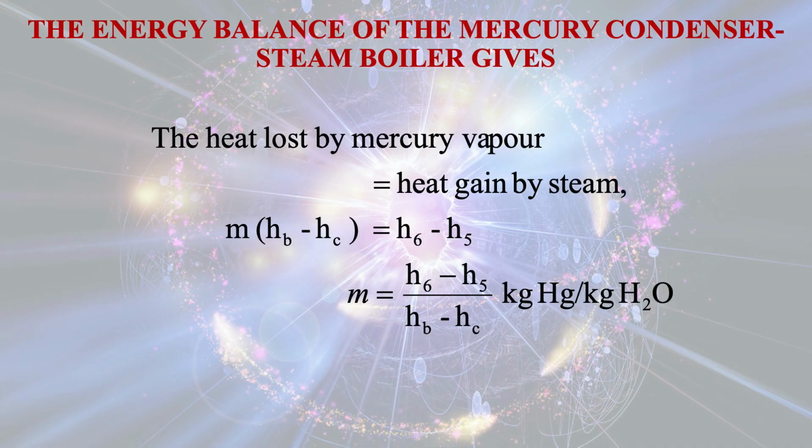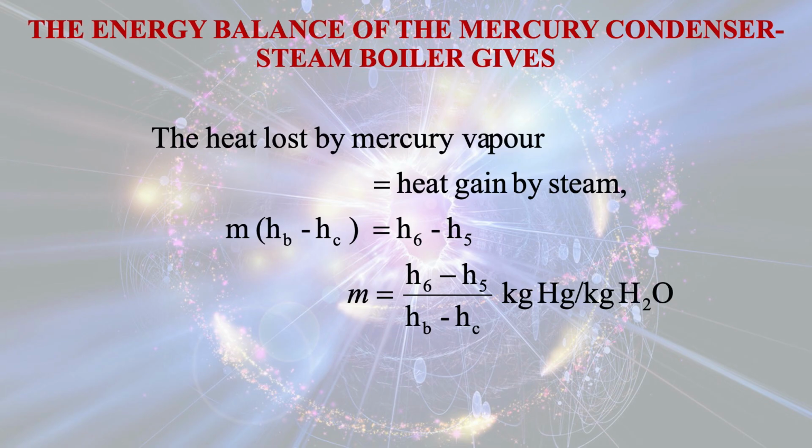Now the energy balance of the mercury condenser steam boiler gives that the heat lost by mercury vapor is equal to the heat gained by steam, and this heat transfer is going on in the heat exchanger. So the heat lost by mercury vapor, m into Hb minus Hc, is equal to H6 minus H5.